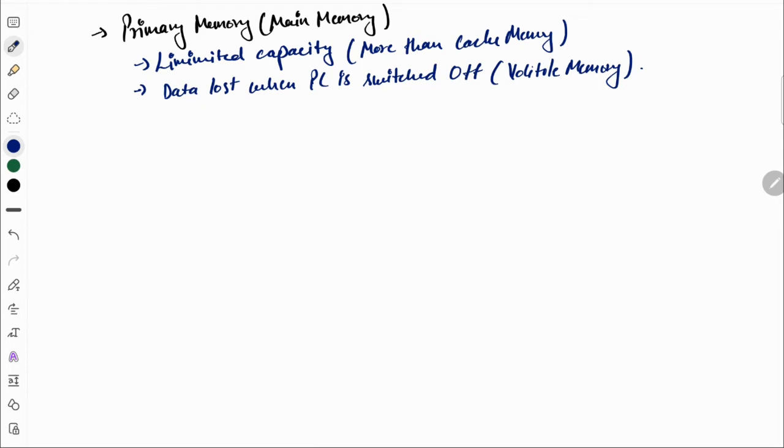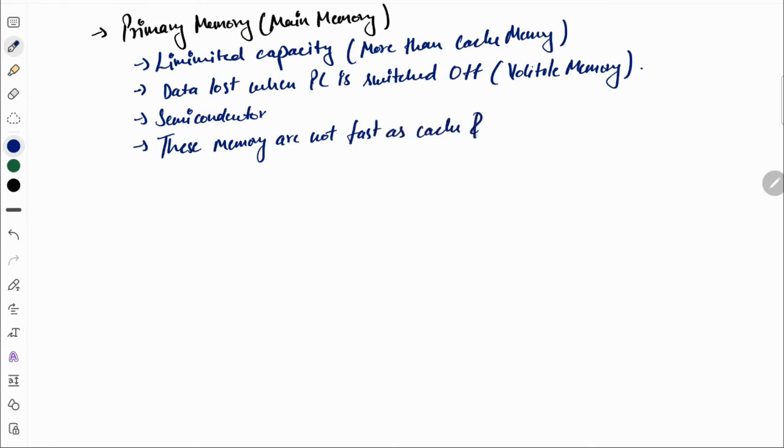It is generally made up of semiconductor devices. These memories are not as fast as registers and cache memory. The data and instructions required to process reside in the main memory.